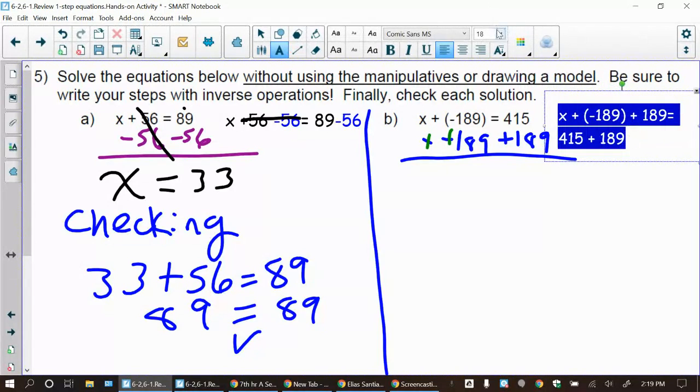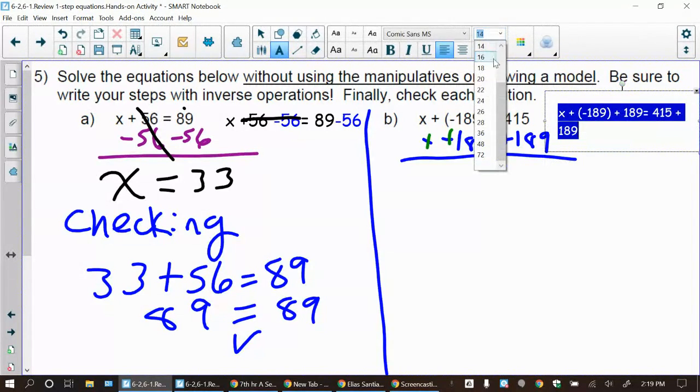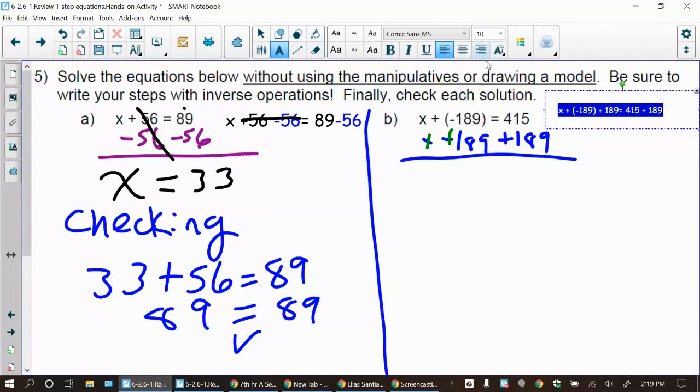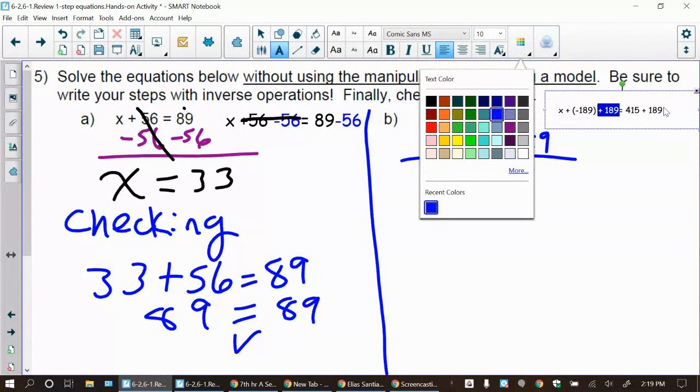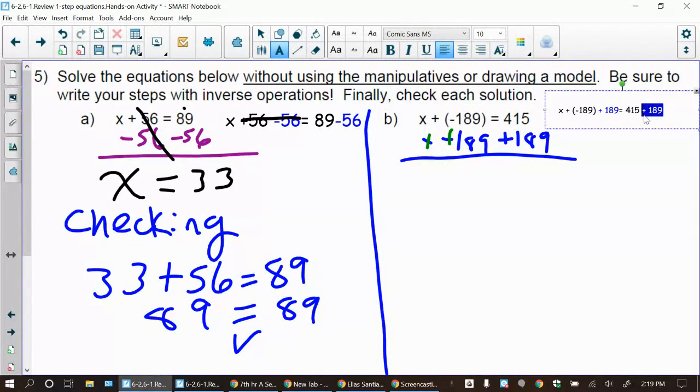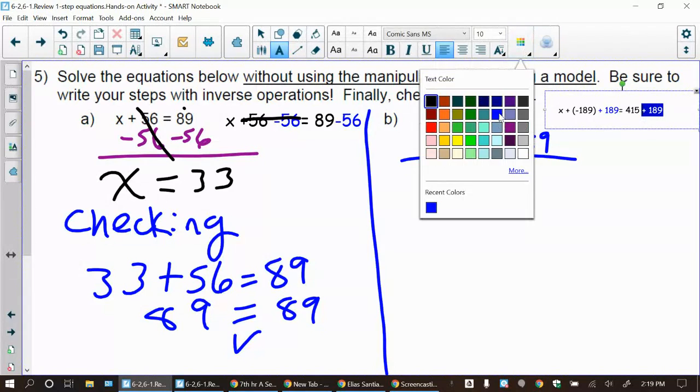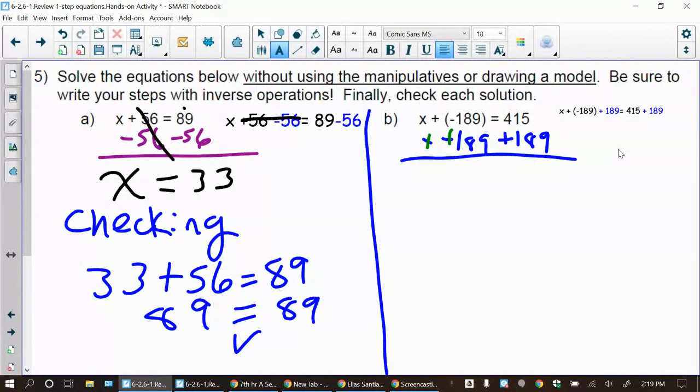Same thing, just written differently. Just like you're the same kids, you just might be wearing something different. Okay, so this is what our inverse operation was and the numbers that we're trying to eliminate and combine.